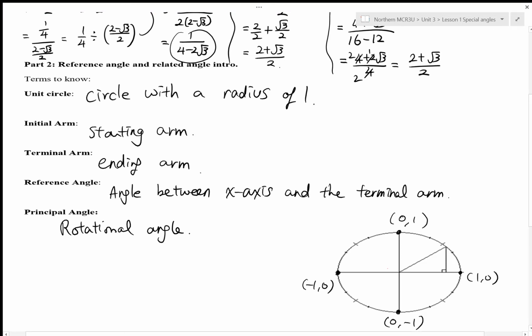If you have a terminal arm right here, this is your principal angle. However, this is your reference angle, okay? Because this is the angle between your terminal arm and the x-axis. So those are two different angles.